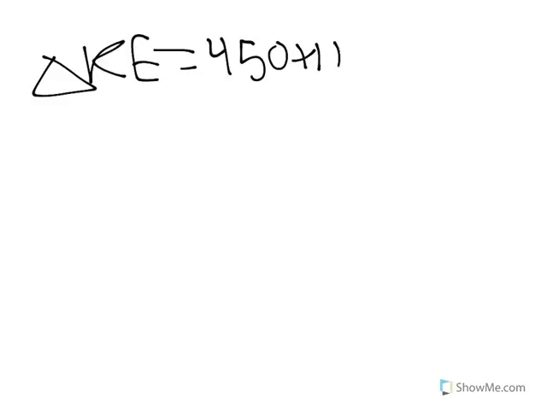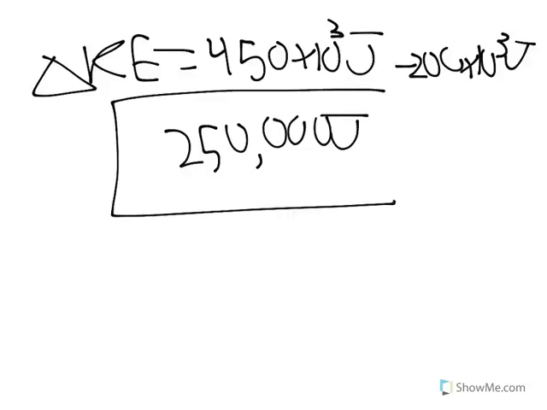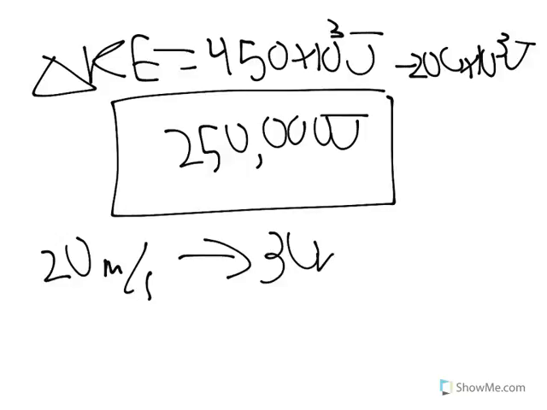So let's find the change in kinetic energy. Change in kinetic energy is the final kinetic energy, 450 times 10 to the third joules, minus 200 times 10 to the third joules, which comes out to 250,000 joules. So that's the amount of energy it takes the car to go from a slower speed of 20 meters per second to a higher speed of 30 meters per second.